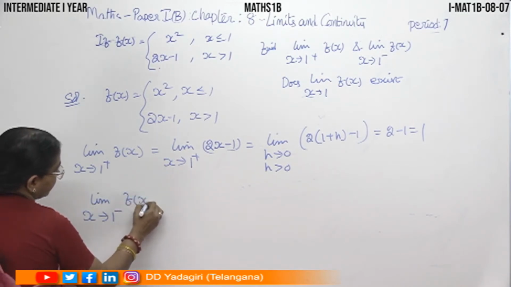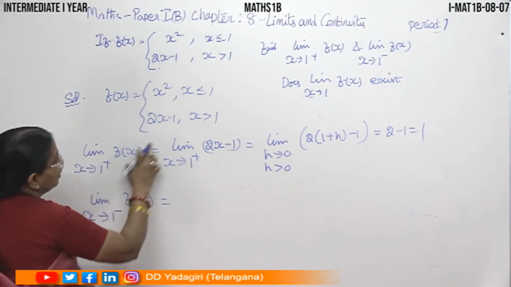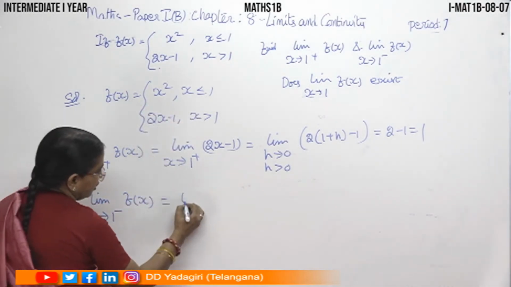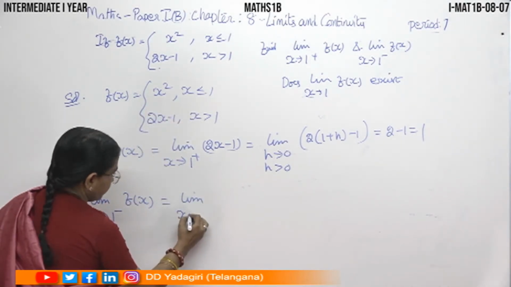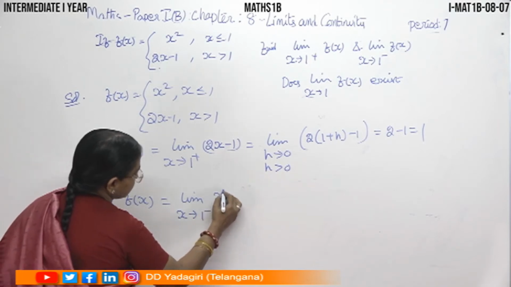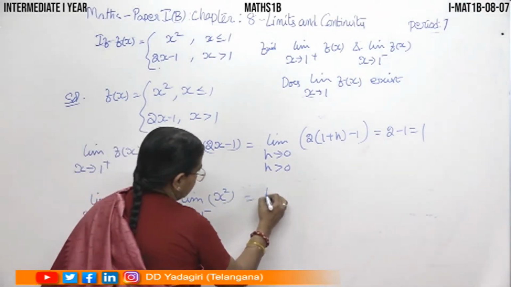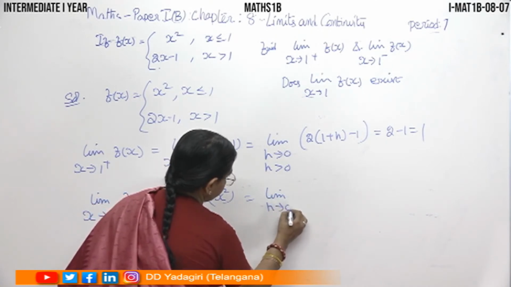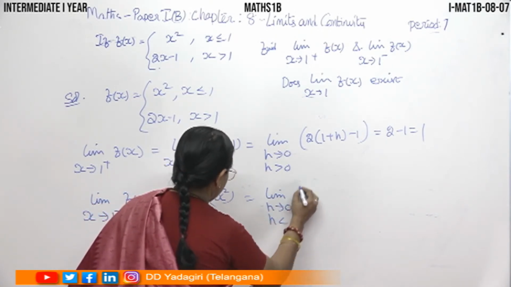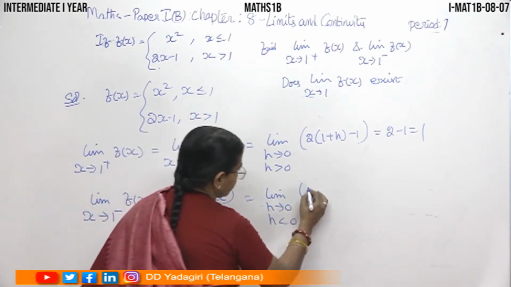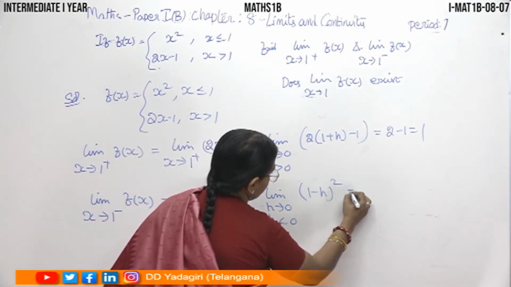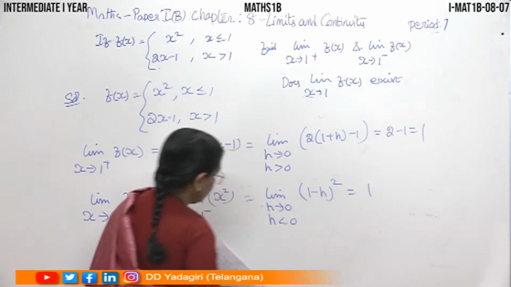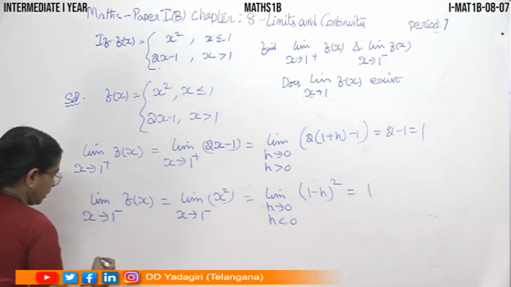1 minus. When it is less than 1, what is the function? X square. So I should write limit x tending to 1 minus of x square. So that is limit h tending to 0, h is less than 0, of 1 minus h whole square. That is also 1. So okay, they are equal now.